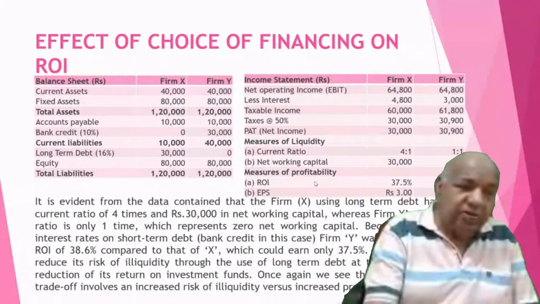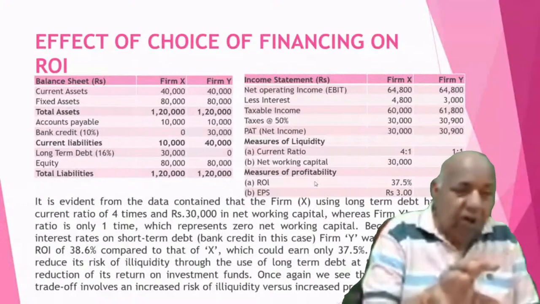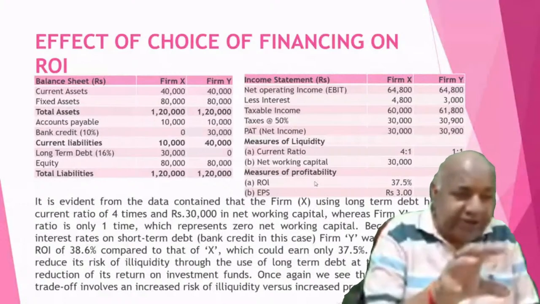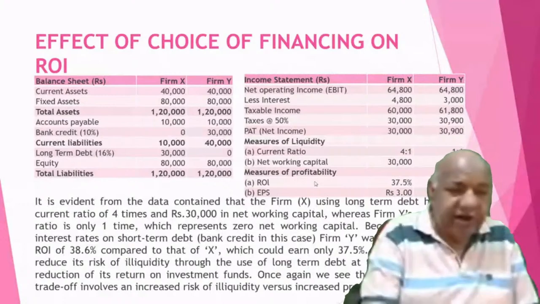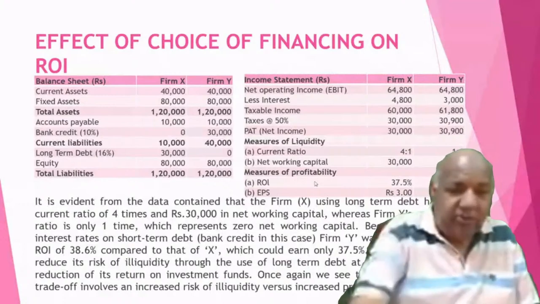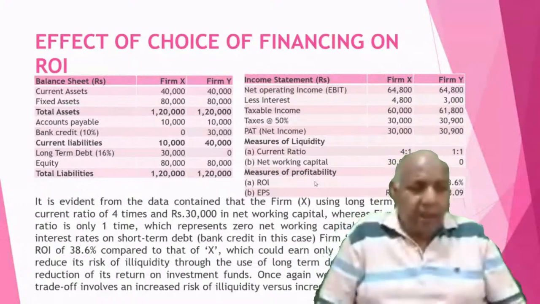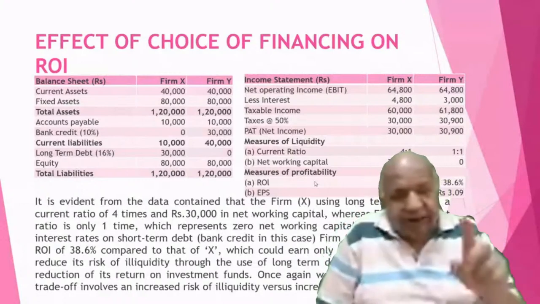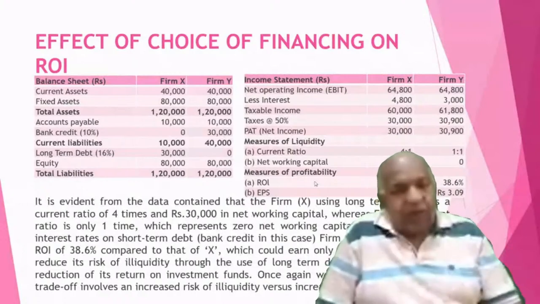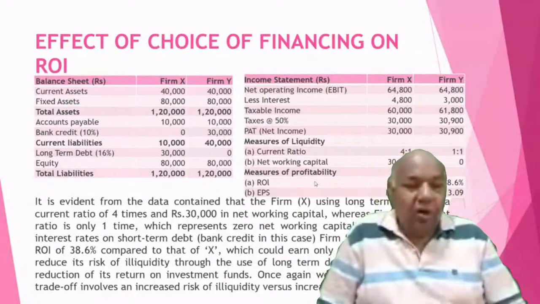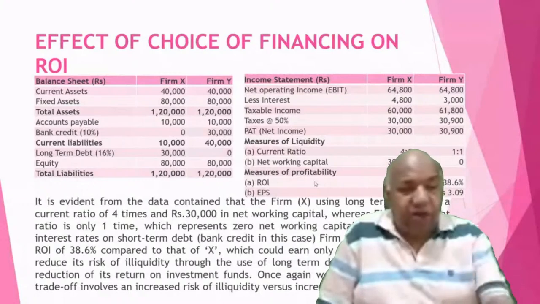Accounts payable, you may say sundry creditors or bills payable, etc., are the same for both the firms, 10,000. Bank credit is only in case of firm Y, 30,000, while long-term debt is only in case of firm X, 30,000.